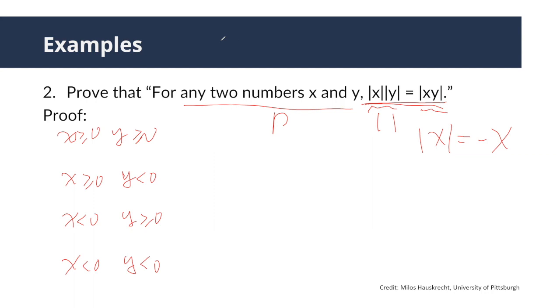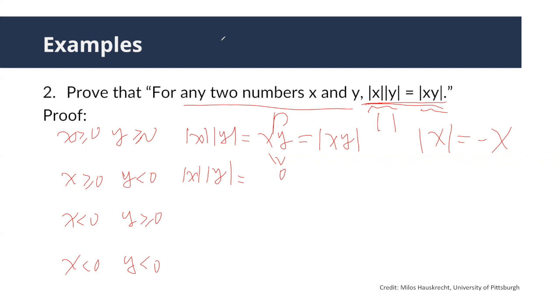Case 1, if both of them are non-negative, we can simply remove these absolute value operators. Then we have x times y. And also because they are both non-negative, the product of these two is also non-negative. Therefore, x times y is equal to the absolute value of x times y. This is case 1. Case 2.